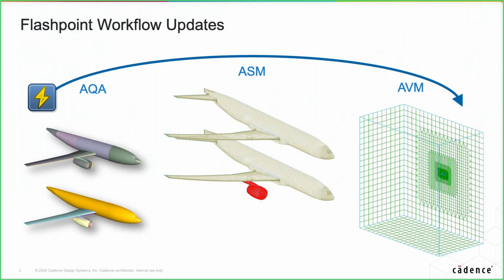So, as mentioned in the title, I wanted to give just a brief overview of what we refer to as our Flashpoint tools in Pointwise. The suite of tools that we've developed over the course of the last 2 or 3 versions of Fidelity Pointwise are intended to provide a higher level of automation to all of the tool set that Pointwise has had over the years that gives users a lot of detail control over their meshing or pre-processing.